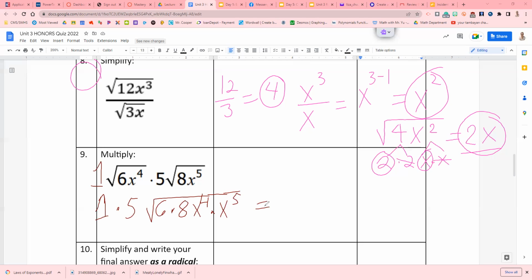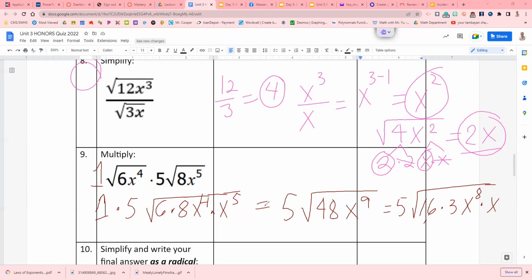So therefore, you're going to end up with 5 square root of 48 x raised to the 9th power. But 48 can be rewritten as 16 times 3. x to the 9 can be rewritten as x to the 8 times x.